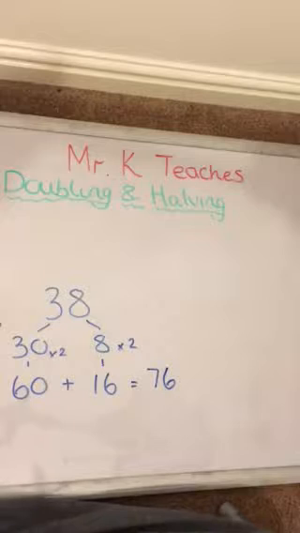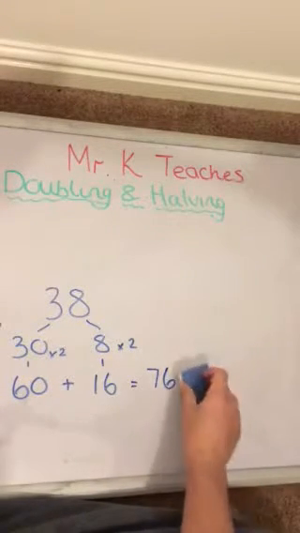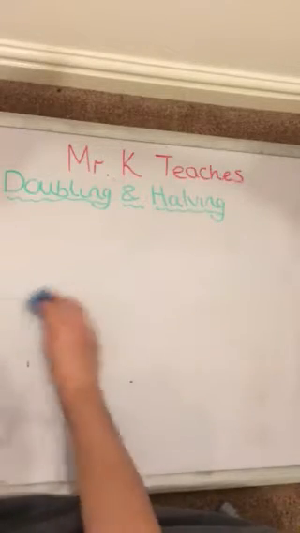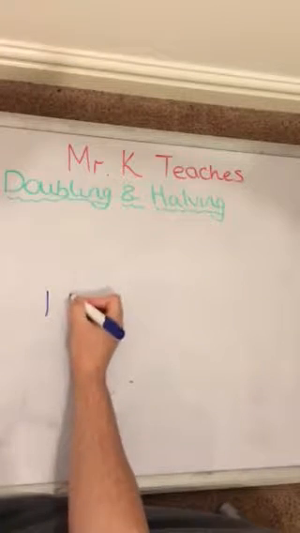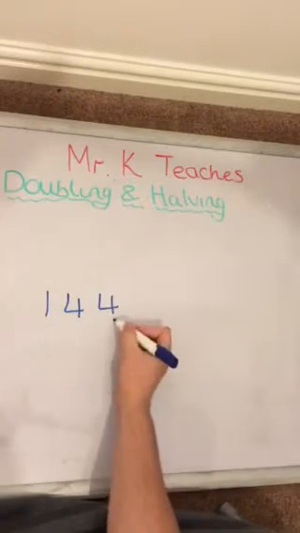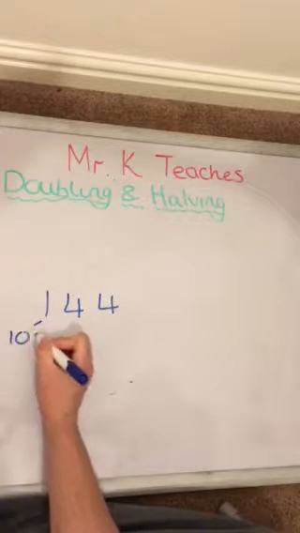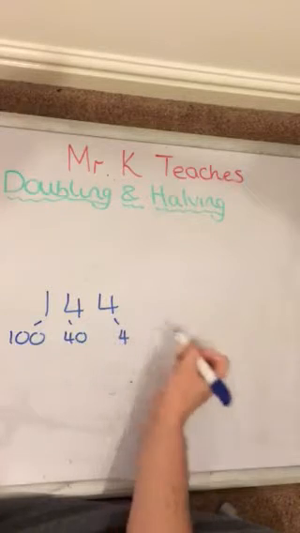Okay, easy peasy, splitting our number up. That works for any number that we are doubling. So even if I wanted to go for a bigger number, maybe 144, okay, so I'm going to split that up. That's 100, that's 40, and that is the number 4.